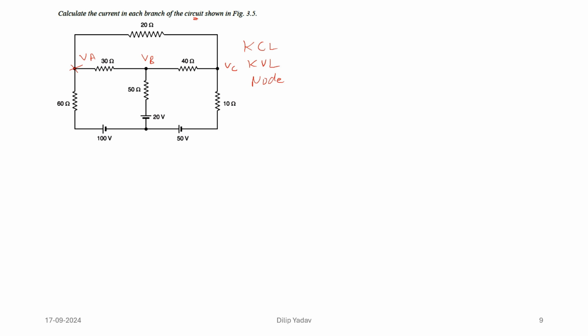But if we are going to solve it by using loop analysis, how are we going to solve it? For example, we have three loops. If I say the current direction across this terminal is I1, across this is I2, and across this will be I3.